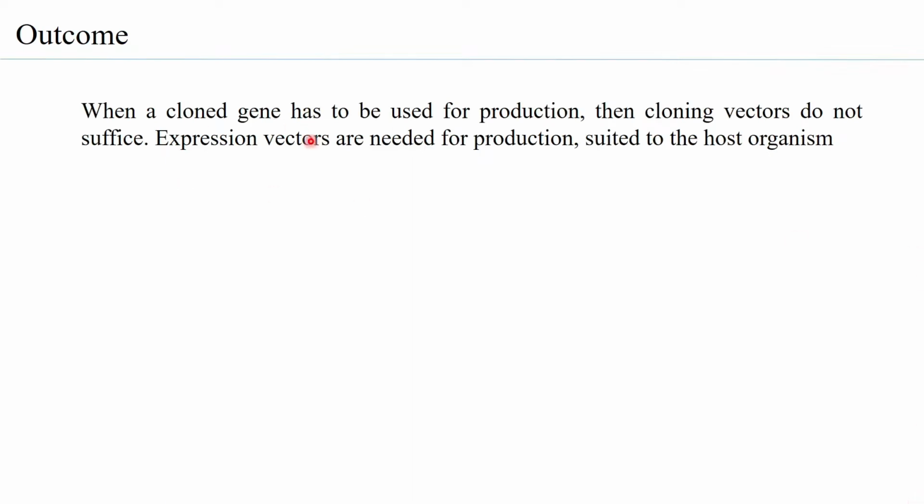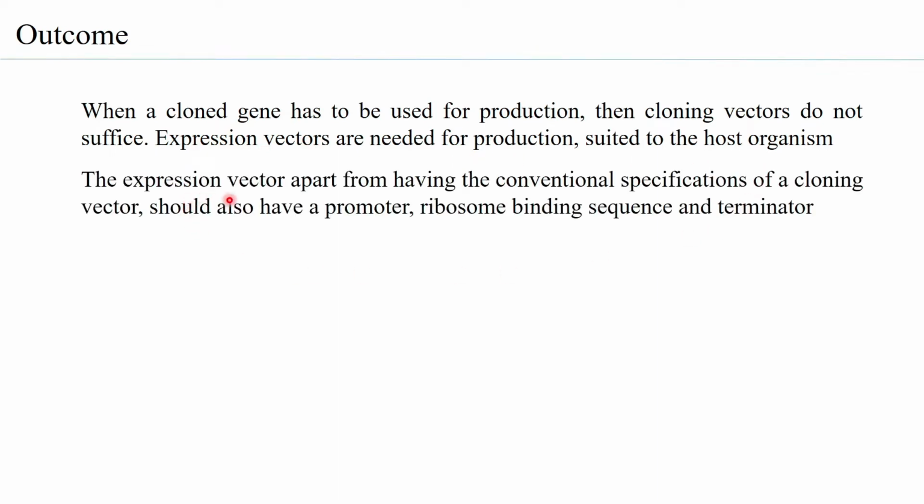When a cloned gene has to be used for production, that means you don't just want to amplify the cloned gene, but you want the cloned gene to be expressed into its corresponding product. Then one has to use expression vectors, and those expression vectors have to be suited to the host organism. The expression vector, apart from having the conventional specifications of a cloning vector, should also have a promoter, ribosome binding sequence, and terminator.